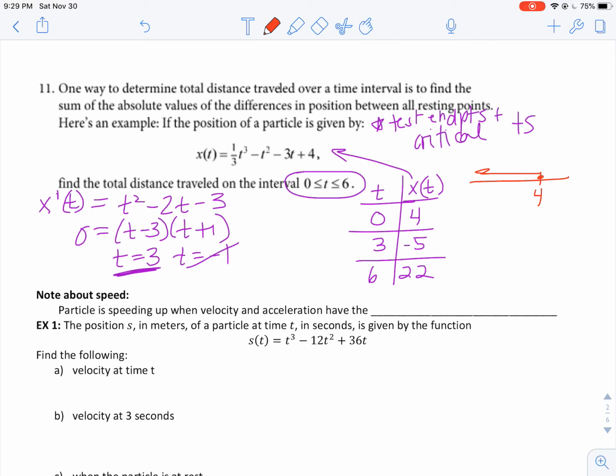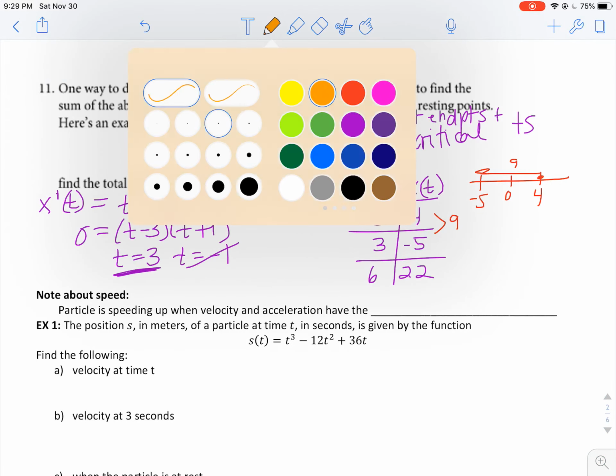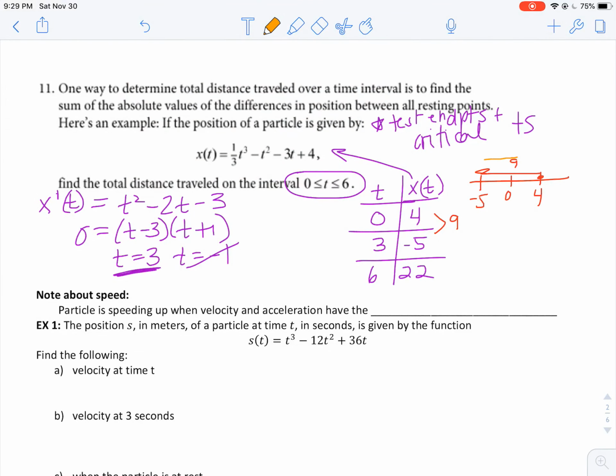Then we're moving backwards. We're at position -5. So we've moved 9, right? 9 units to the left. And then we're going all the way at 6, we're at 22, so we'll say like somewhere out here.